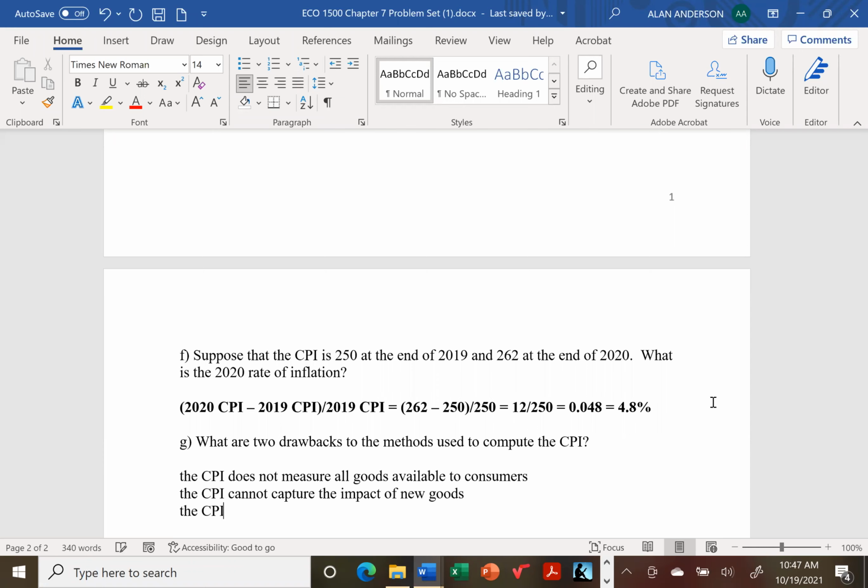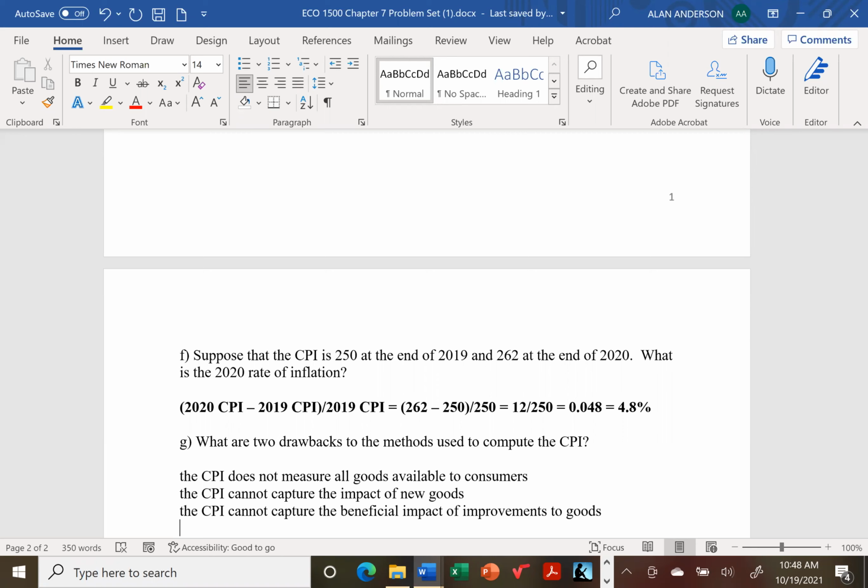The CPI cannot capture the beneficial impact of improvements to goods. So in other words, when you buy a product built today, let's say you buy a car built in 2021, it's going to be a better car than the one built in 2011. If the price is the same, according to CPI, prices haven't changed, but in reality, you're getting your hands on a superior product.